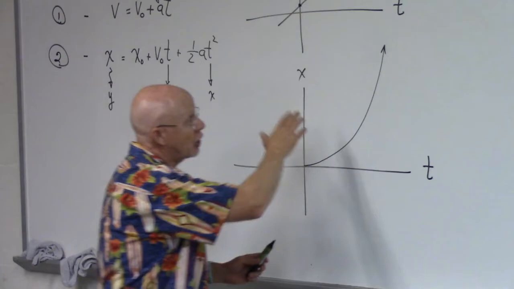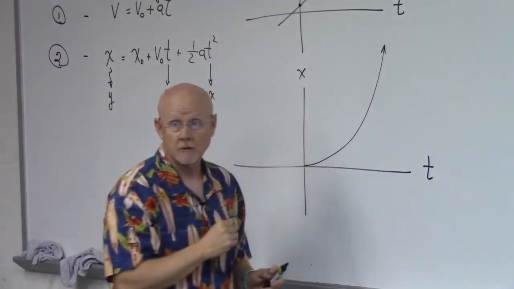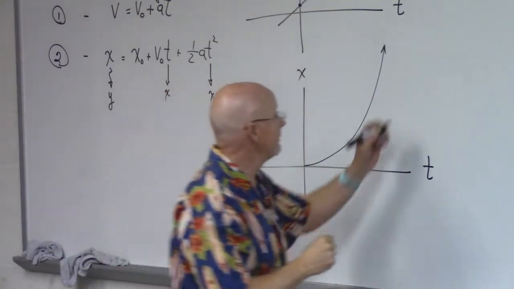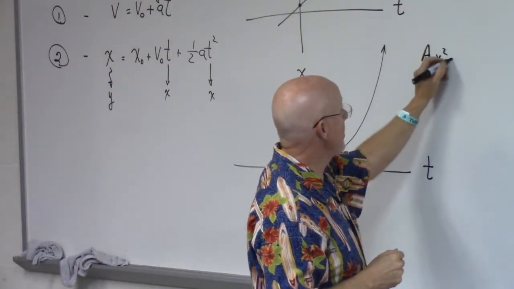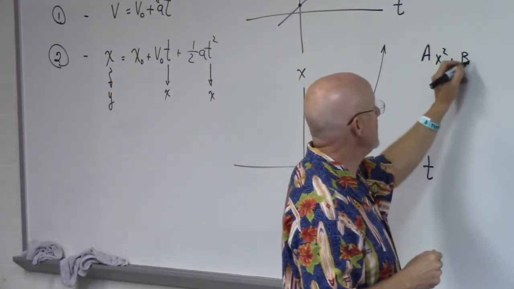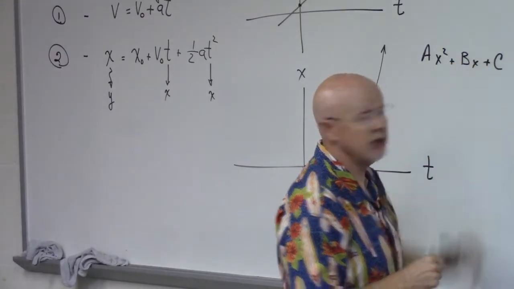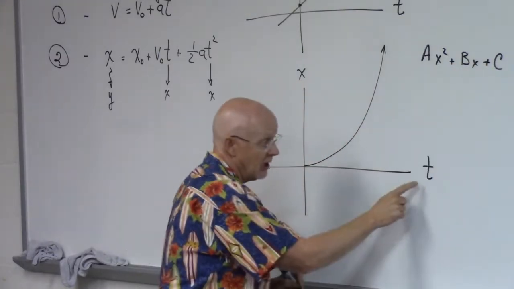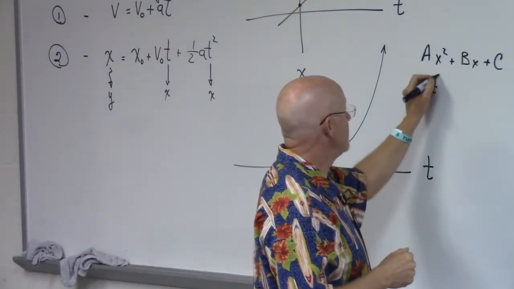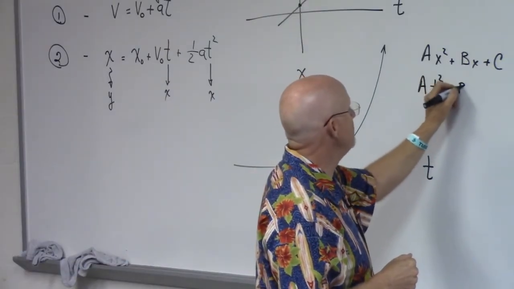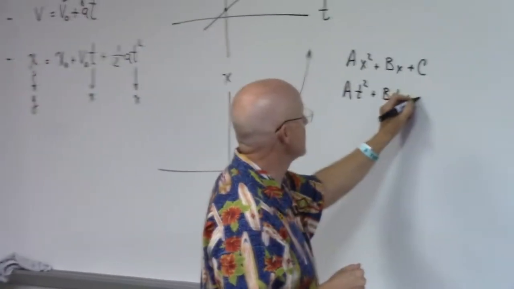If we do a curve fit, and of course remember the equation for a curve fit is ax squared plus bx plus c. Now for us, there'll be time. So let me change it to a t squared plus bt plus c.